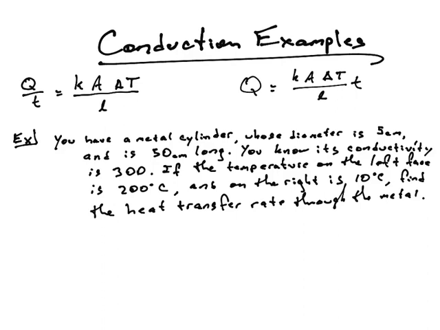Okay. So first thing I'm going to do is go ahead and draw it out so we could see what this looks like. So here's a little metal cylinder. I know that the length of this cylinder is 50 centimeters, so that's 0.5 meters long. And I know that the diameter of the face is 5 centimeters, so that's 0.05 meters.